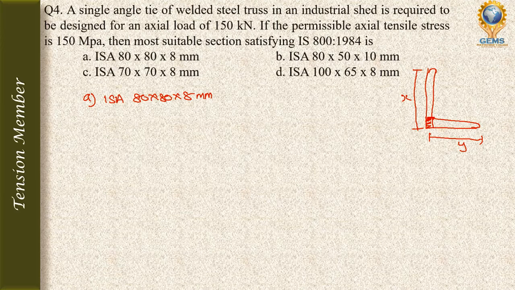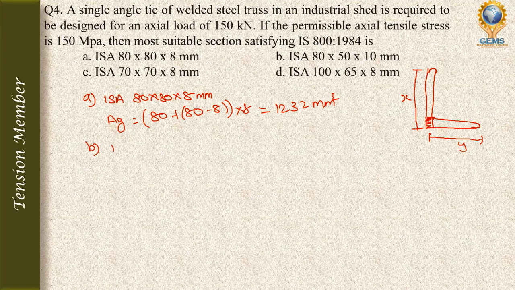So we have to deduct one thickness from any one of the sides. So AG is equal to (80 plus 80 minus 8) into 8. That comes as 1232 mm square.